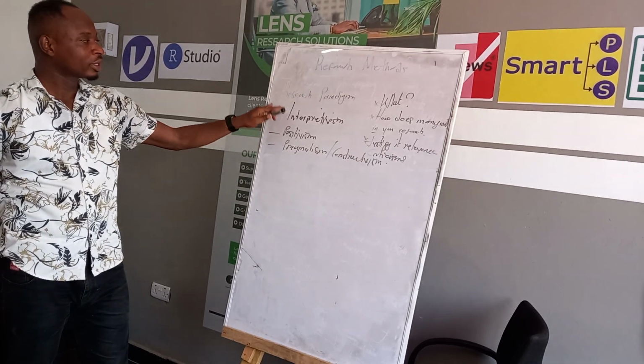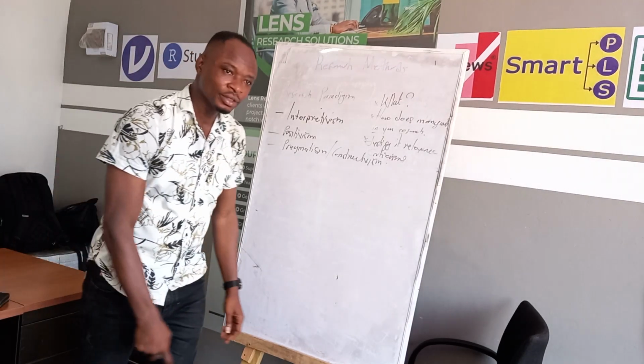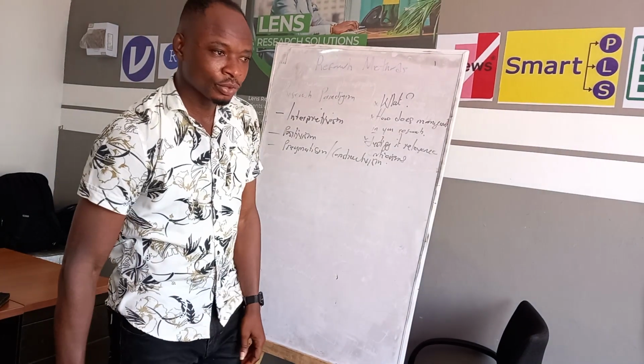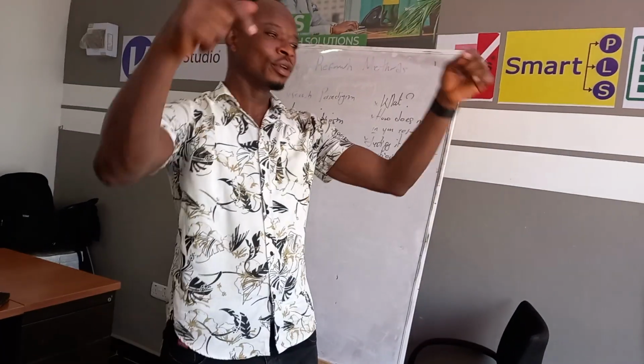So when you pick a particular research paradigm, think about your research design, think about your research approach, and also think about your research philosophy. And in the philosophy, the things that might manifest include the epistemology, the ontology, the axiology, and what? The methodology.